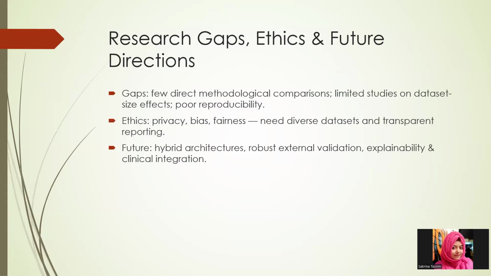And third, reproducibility remains a challenge. From an ethical perspective, we can say patient privacy, dataset bias, and fairness across demographics. These are the ethical perspectives. And future directions in this sector include hybrid architectures, external validation on diverse datasets, and explainable AI integration for clinical trust.